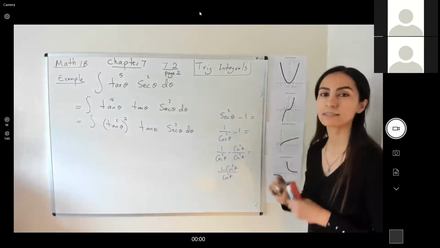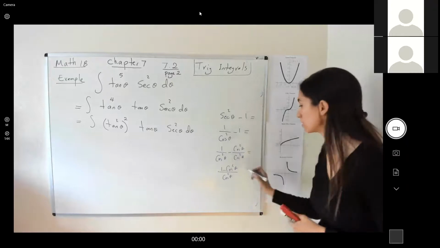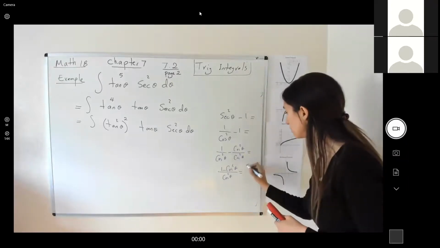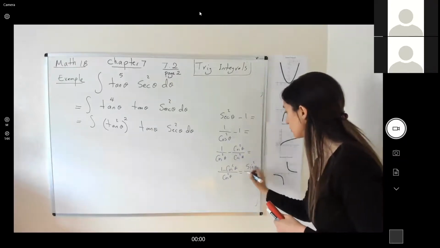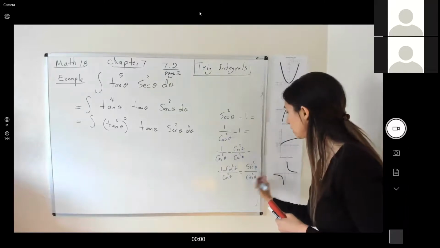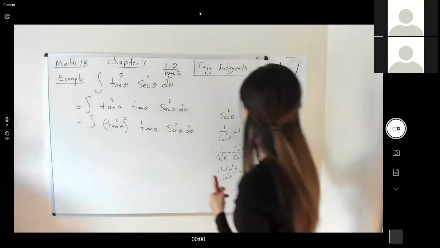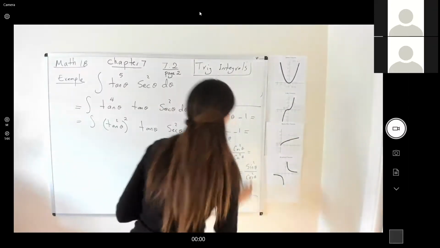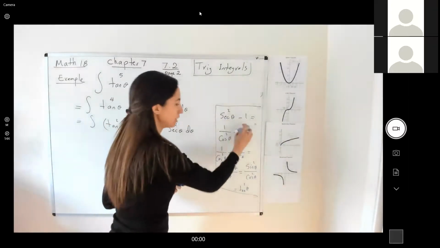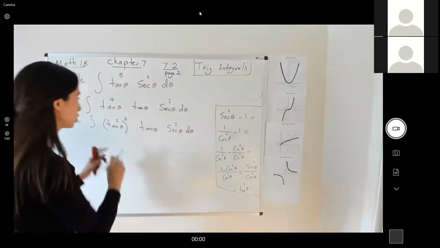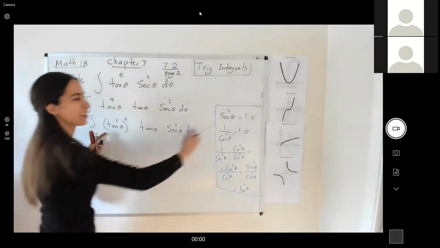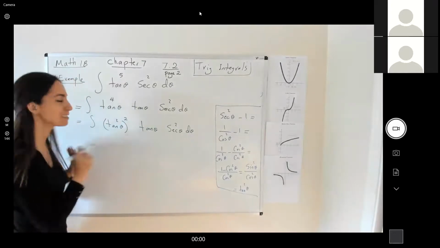But 1 is sine squared plus cosine squared, we get sine squared divided by cosine squared, which is tangent squared of theta. So secant squared minus 1 is tangent squared. So instead of tangent squared, we can write secant squared minus 1.